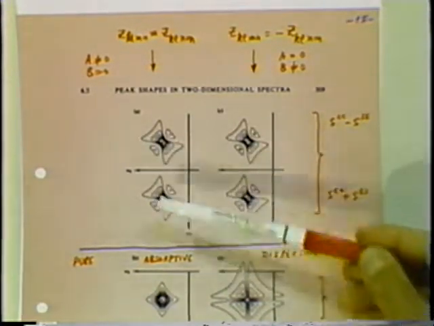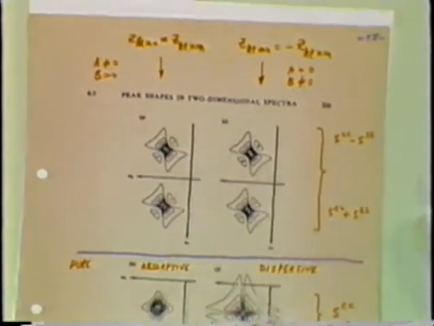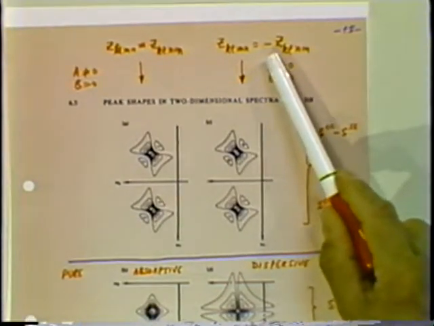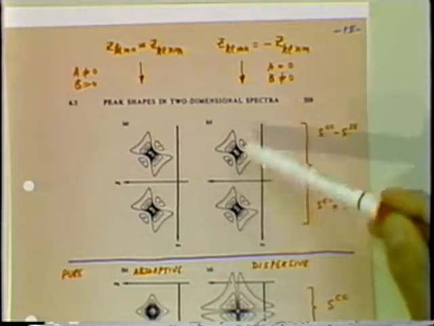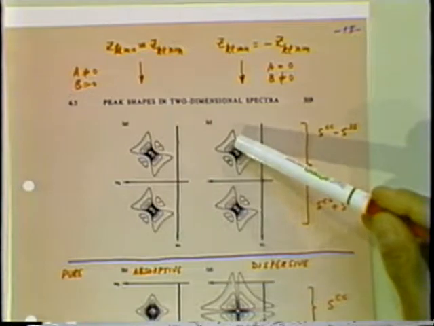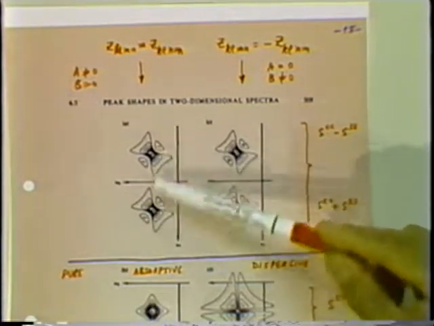You are adding these two, and when you add these two, the dispersive component cancels out. On the other hand, you may have this situation where there is a minus sign here, A is equal to 0 and B not equal to 0, and when you add these two, you get pure dispersive. But if you do a sine transform on this, you will get pure absorptive. But if you did a sine transform of the previous one, you will get pure dispersive.